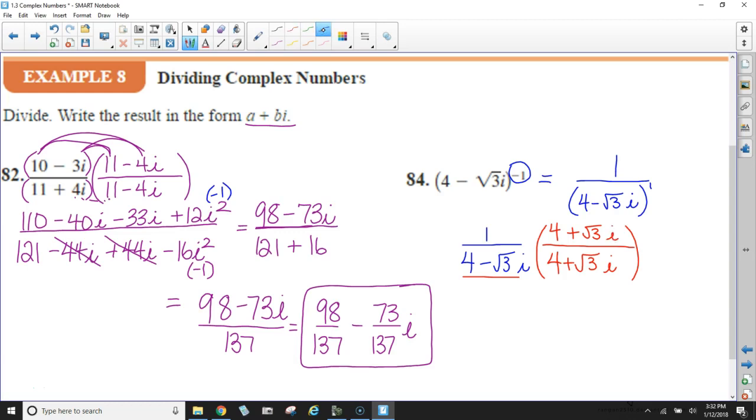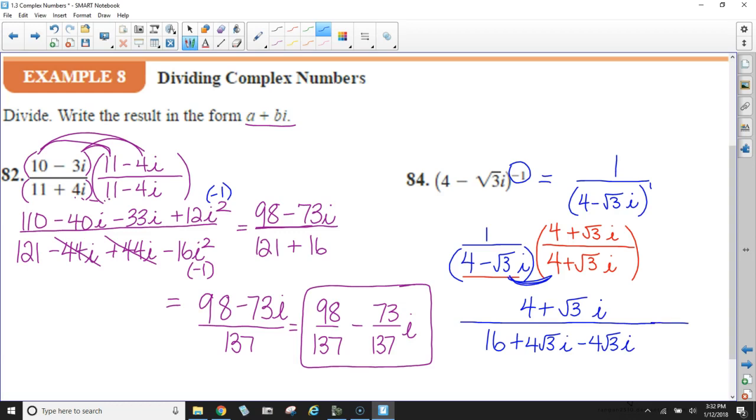Now let's multiply. 1 times 4 plus square root of 3i is just 4 plus square root of 3i. In the denominator, we're going to need to FOIL out. First times first is 16. Outer times outer is going to be a positive 4 square root of 3i. Inner times inner is going to be a negative 4 square root of 3i. And last times last, this negative times this positive is going to be a negative.